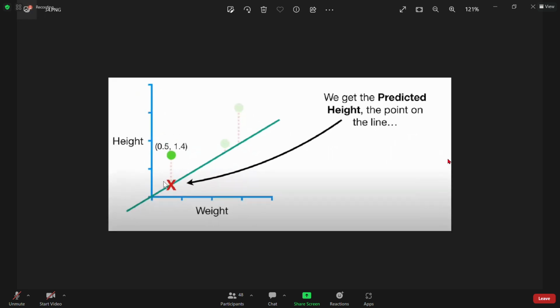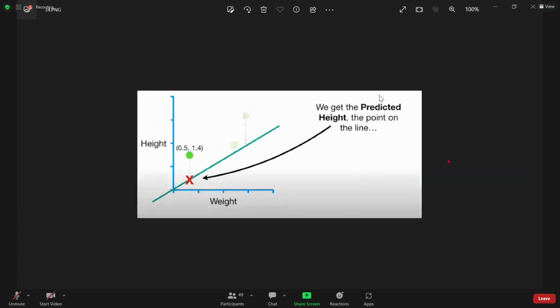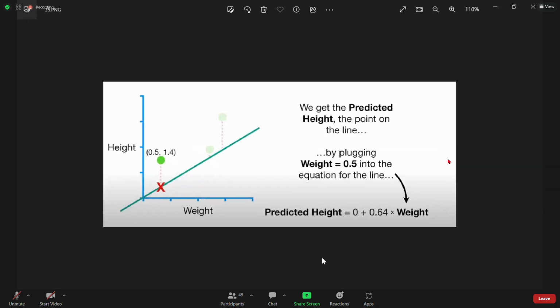And now if this is actual, let's find the predicted. Is this the predicted point? What is the predicted point? Y hat equal to mx plus c. Now, for the predicted point we calculate the sum of squared residuals. Predicted height equal to mx plus c. What is the slope? We considered 0.64.